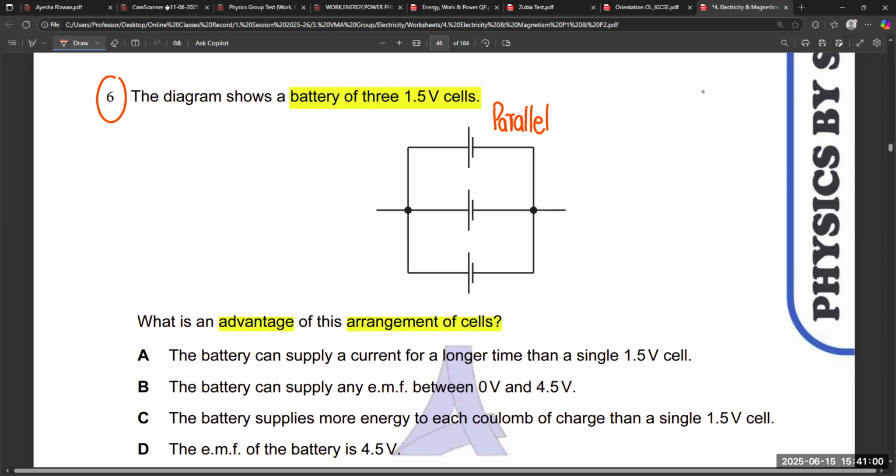In option A, they are talking about electric current. In option C, they are talking about energy to each coulomb of charge. It means they are talking about voltage. So what do you think? Which option is correct?